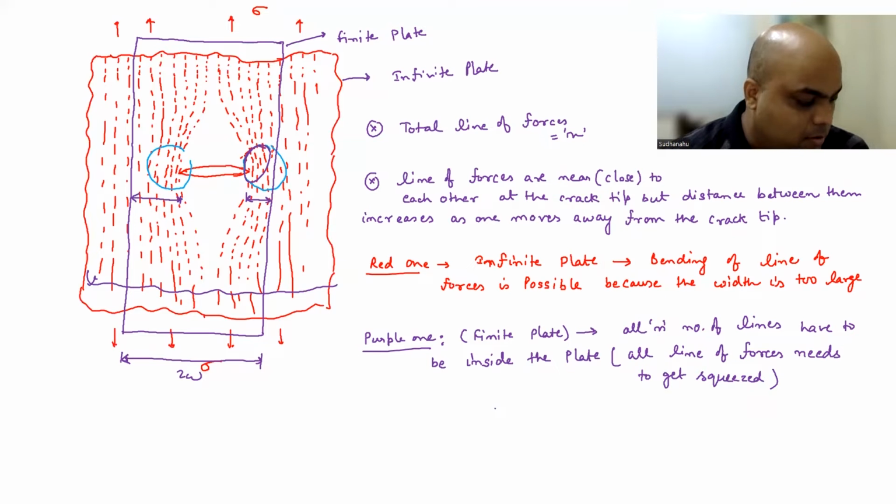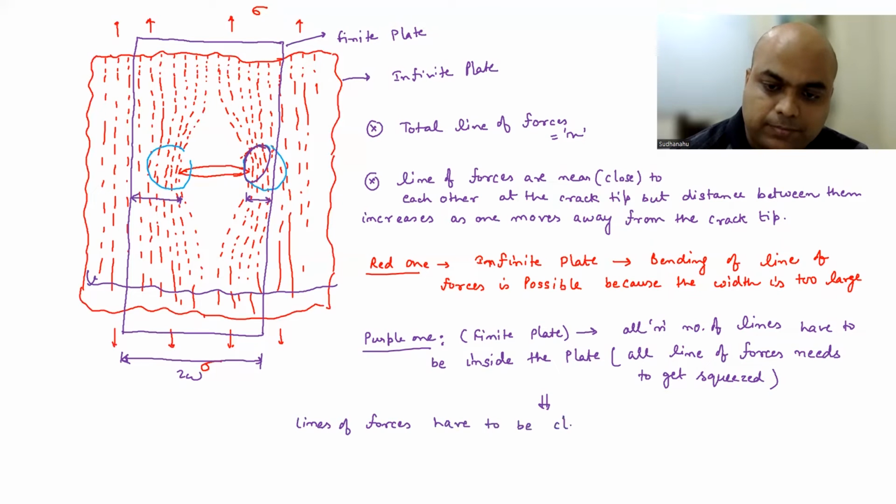So this also means that the lines of force, there may be multiple lines, have to be closer to get accommodated in the width, in this case 2w.